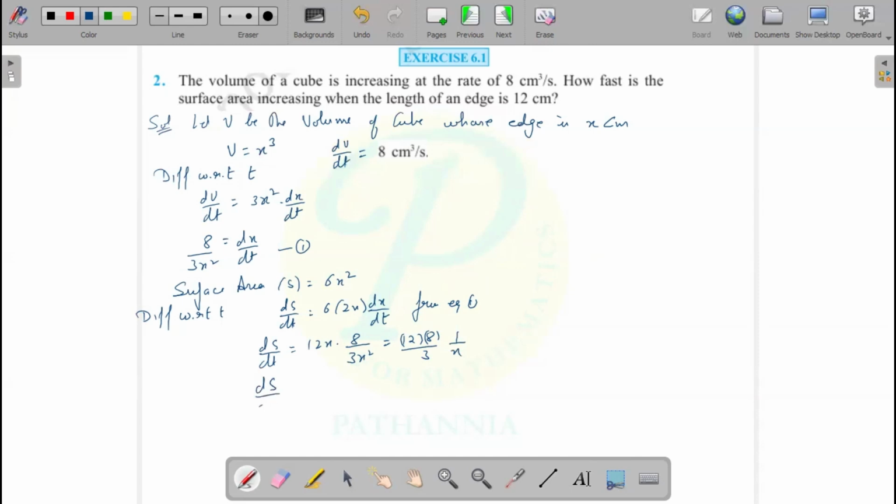Now he asks the rate of change in surface area when... Surface area is in centimeter square with respect to time per second.